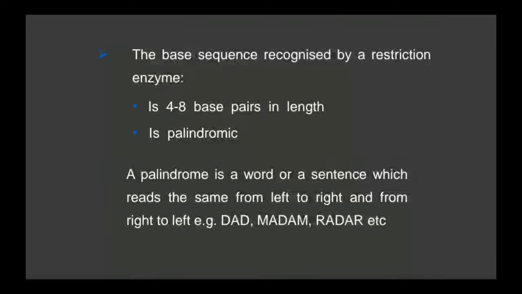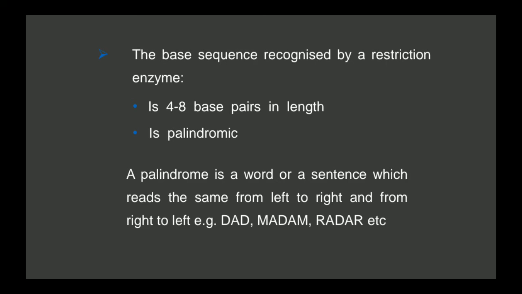The base sequence recognized by a restriction enzyme is 4 to 8 base pairs in length and it is palindromic. A palindrome is a word or a sentence which reads the same from left to right and from right to left.